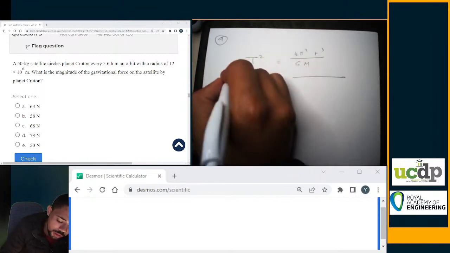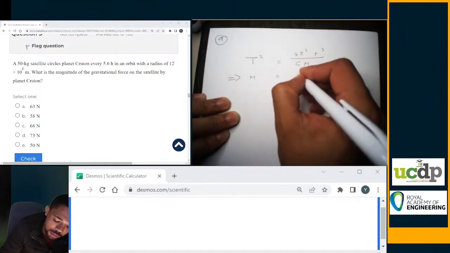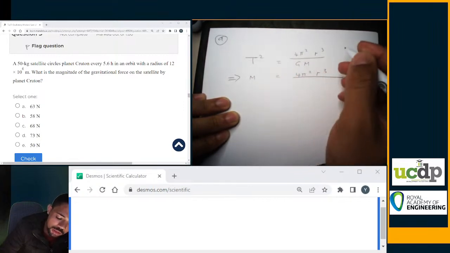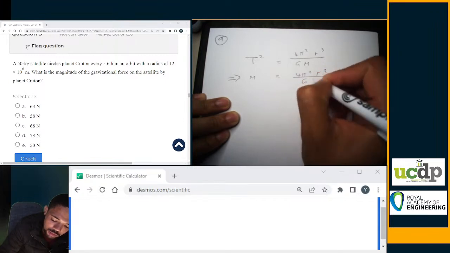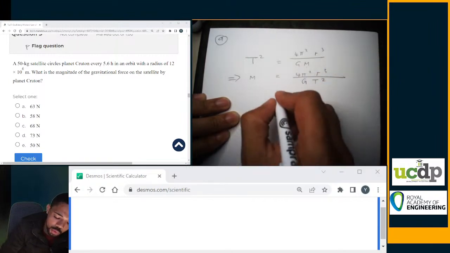Now if we rearrange this formula, Kepler's third law, the mass of planet Crouton would be 4 pi squared times the radius of the orbit of the satellite cubed, divided by the gravitational constant times the period squared.